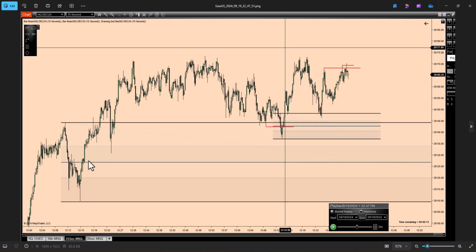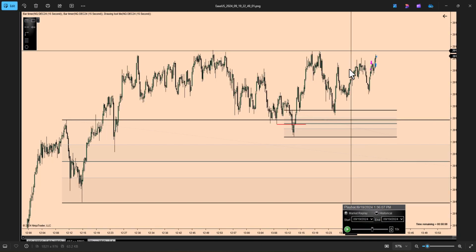You can see that we have an expansion here, and then a pullback, and now we shifted structure and we are trading to the downside. Here you might see a shift in structure, right? Tapping into this previous zone like this, and we have a market structure shift here, and you might want to try to short this, and as you can see, a losing trade.